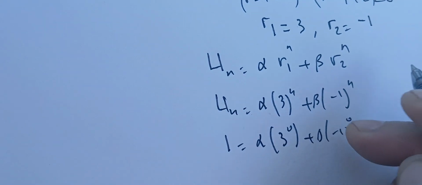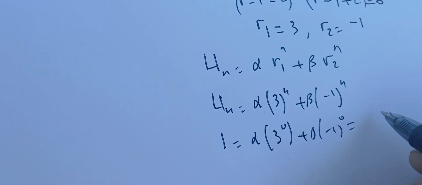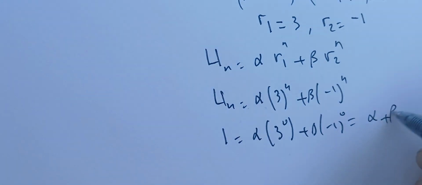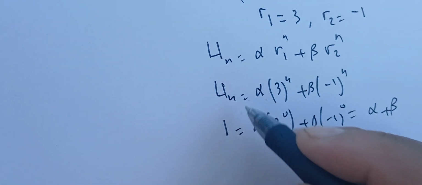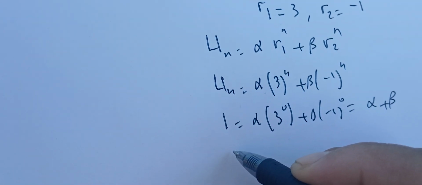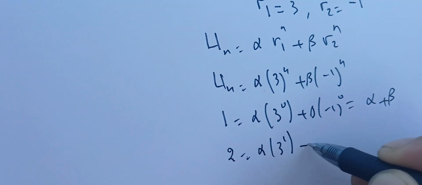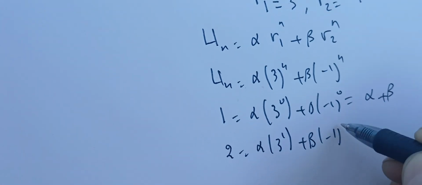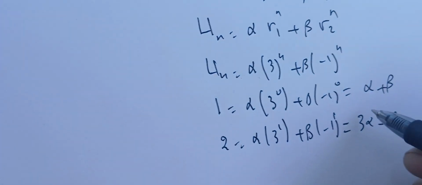I'm writing this to make sure that you see where I get this from. So here I have alpha plus beta. And when n is 1, we have u_1 is 2. That means I have alpha 3 to the power 1 plus beta (minus 1) to the power 1. This gives me 3 alpha minus beta.